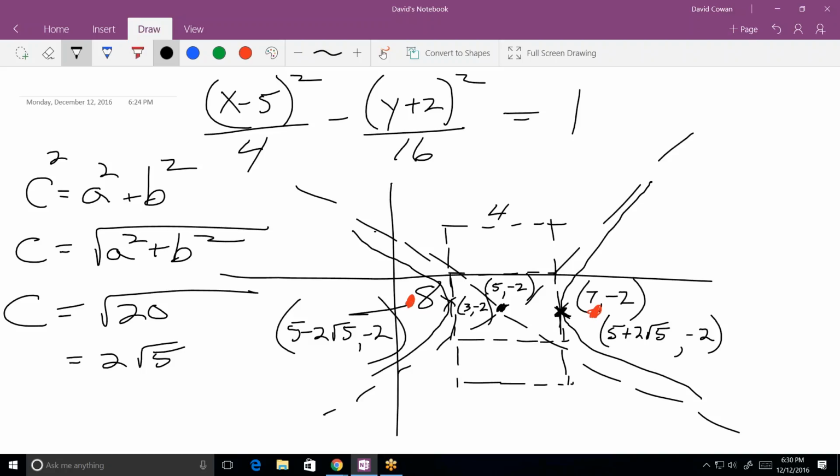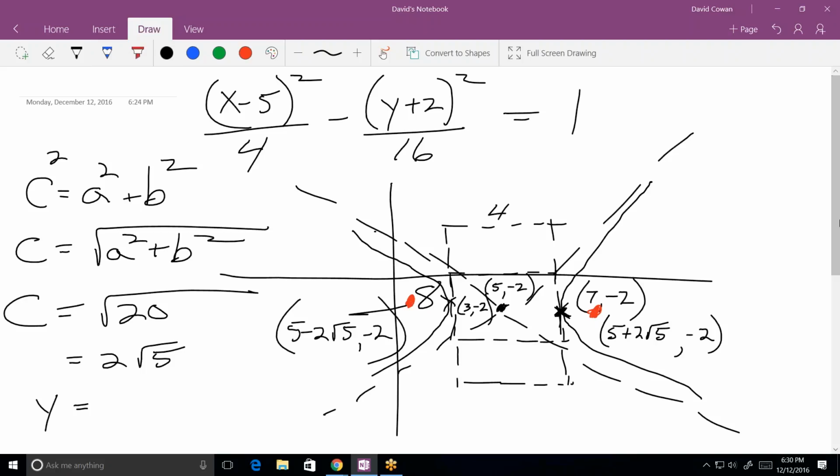And did they ask for the equation of the asymptote? Yes, they did. Well, the asymptotes are straight lines, so it's going to be in the format of y equals mx plus b. What's my slope? And what's the general equation?